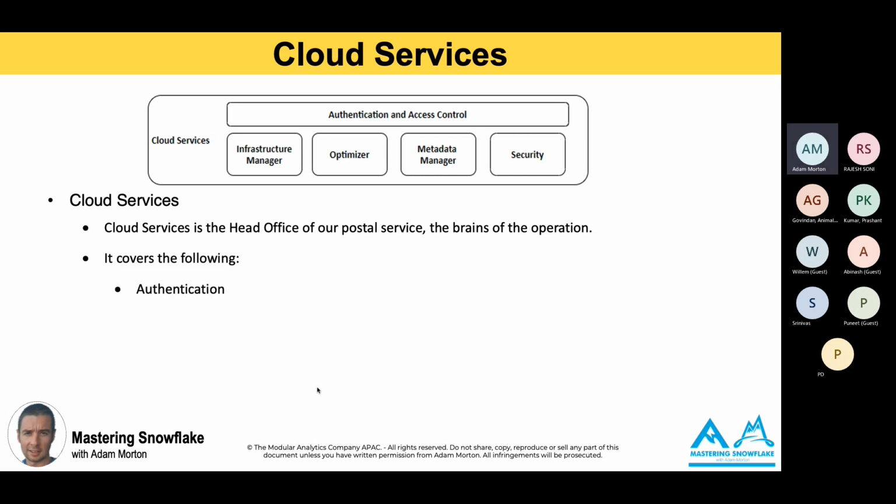Authentication and access control, which manages the service which allows users and applications to log on to the Snowflake platform. We've got infrastructure management, which looks after the management of those underlying cloud infrastructures, including storage buckets, and provision and decommission of clusters for virtual warehouses, as we spoke about with the multi-cluster virtual warehouse.